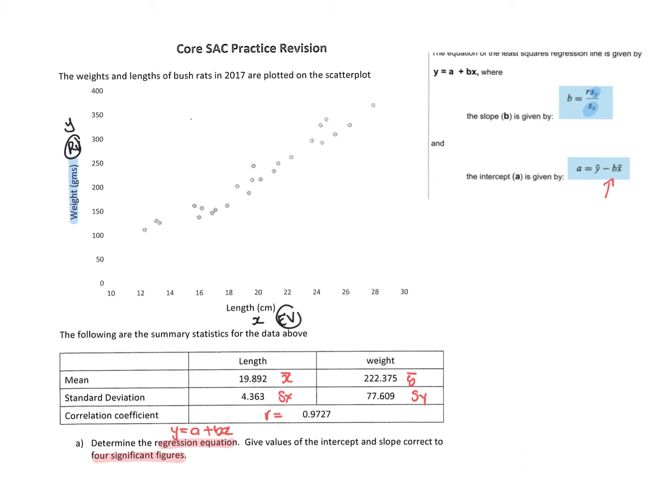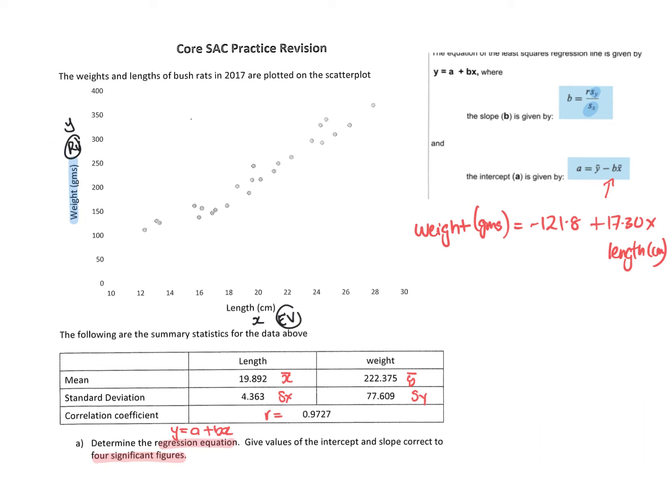So if we write out this equation, remember we need to use the variables or you'll lose marks. So I have to write weight in grams equals, and then I'll put my B value, which, okay, I put 17, oh that was B, not A, sorry. Put A first, which was negative 121.8, plus B, which is 17.30, times, and I'll write length in centimeters.